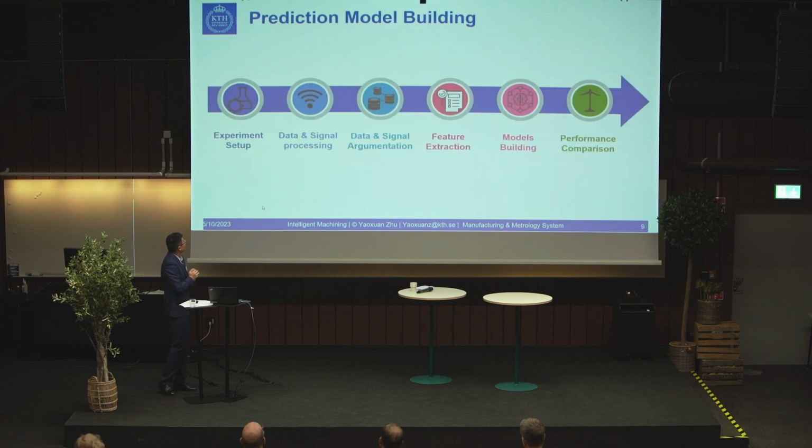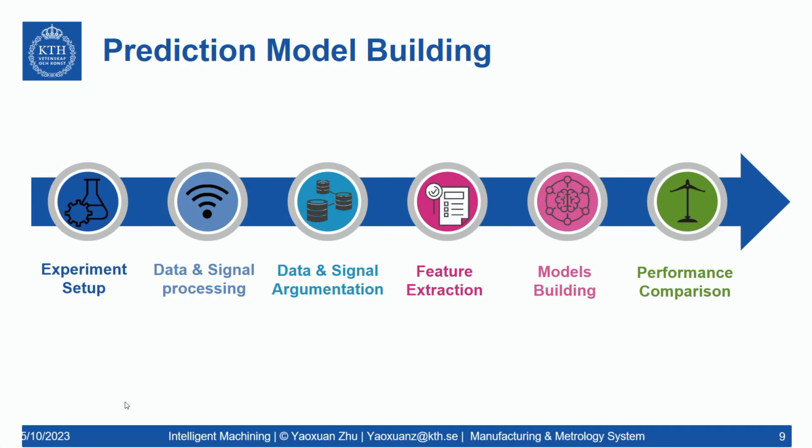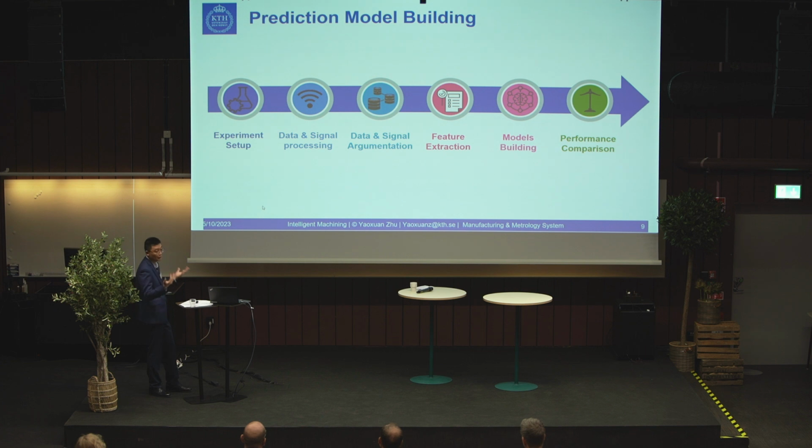And here are the general procedures of surface roughness prediction model building. At first, we have to set up the experiment, and during the experiment, we collect data. Later, when we have the original data, we need to do data processing and signal processing. As I mentioned, considering the very limited amount of original data that we can collect in the workshop or in our lab, we have to manipulate or generate new data based on the original data, which means we need data and signal augmentation.